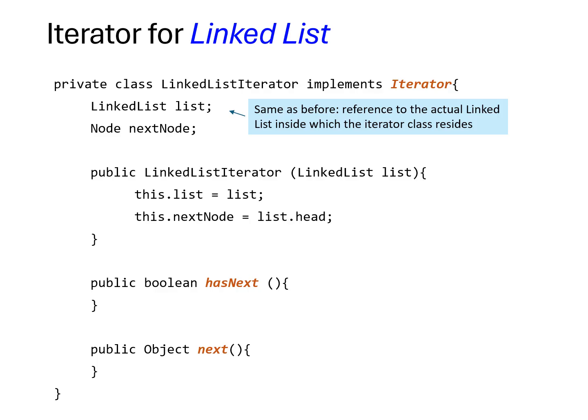Let's now see how we should implement the iterator for a linked list. As before, we have a reference to the actual linked list inside which the iterator class resides, and this reference is set up during the construction of the iterator in the constructor.